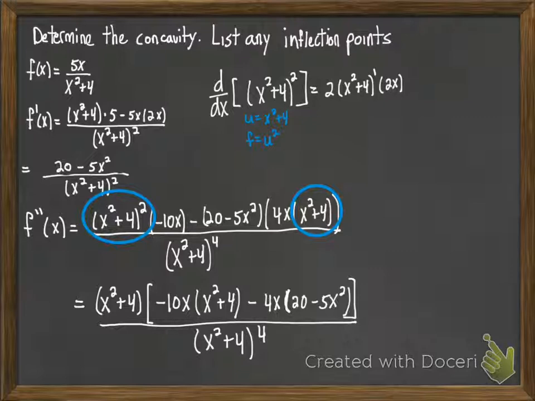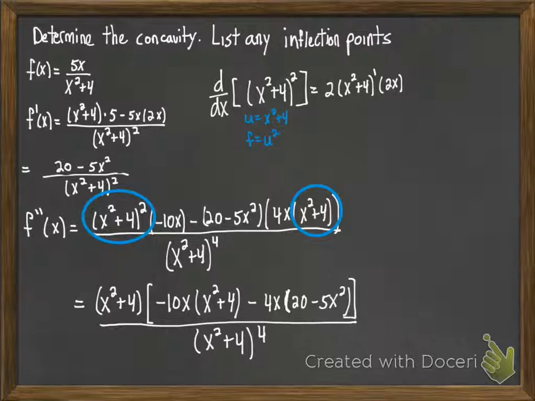In the second part, when we take out the x squared plus 4, we're left with just a minus 4x times 20 minus 5x squared. And then that's all over our denominator raised to the 4th power. As you're watching this video, if at any time you need to pause it, please pause it to catch up.